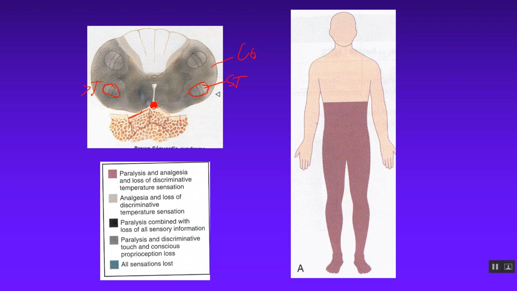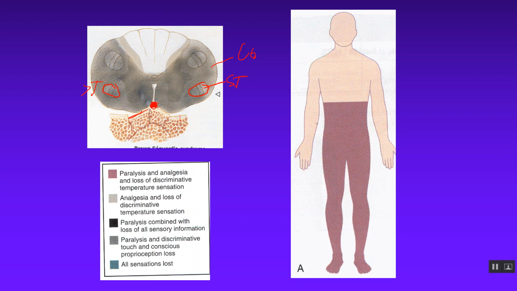So you may get overlap of C6 all the way down to the C8 dermatome. There's a lot of blur between the dermatomes. So once you get below C8, you're going to have no pain and temperature on both sides of the body. You're blocked both spinothalamic tracts here because they're damaged. Information can't get past that going up.